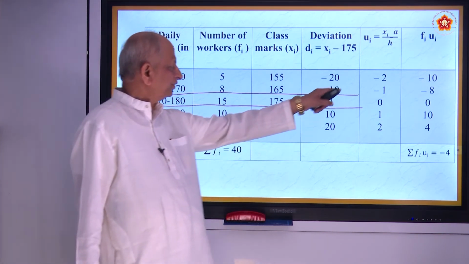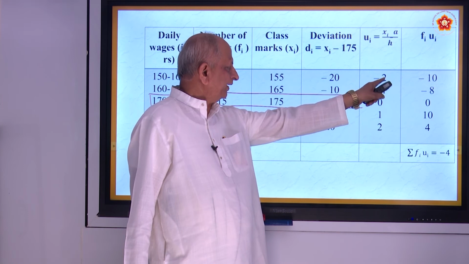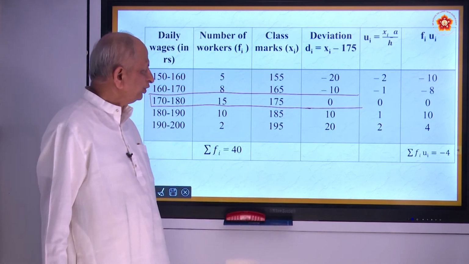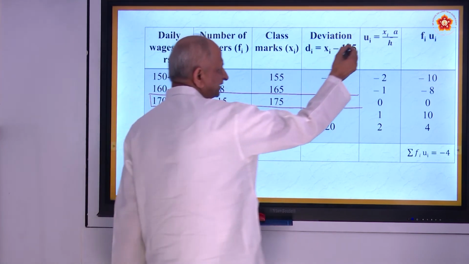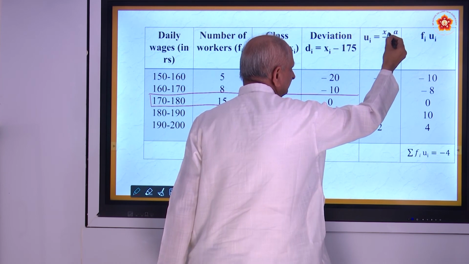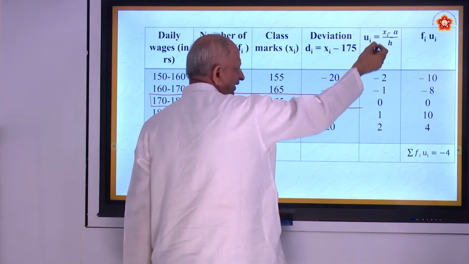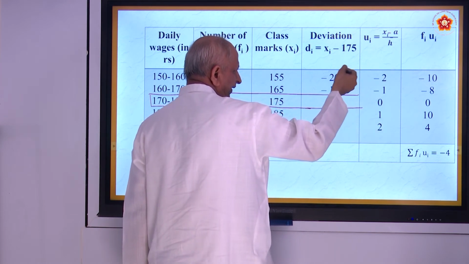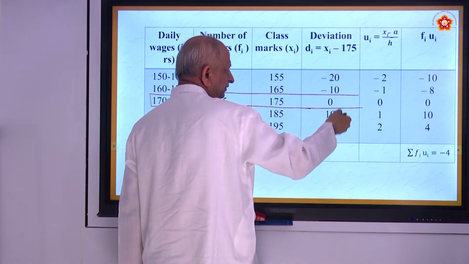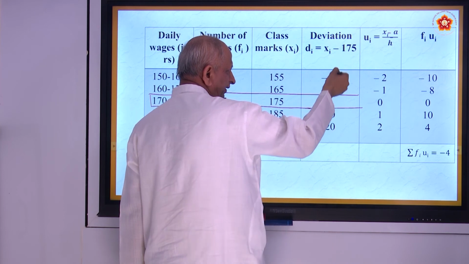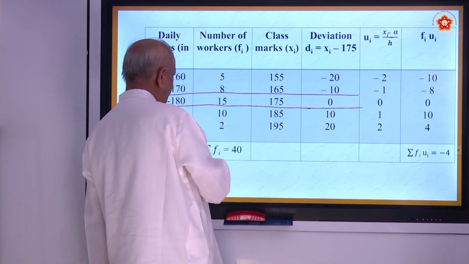So you have ui. How do you get ui? Xi minus a, where a is the assumed mean. Divide the xi minus a values by h.